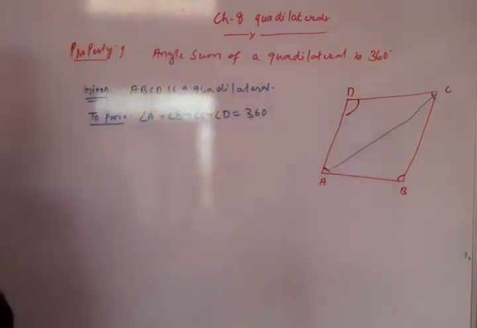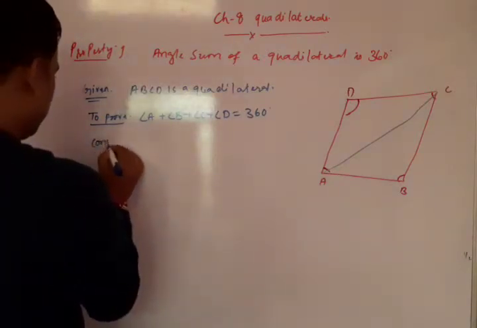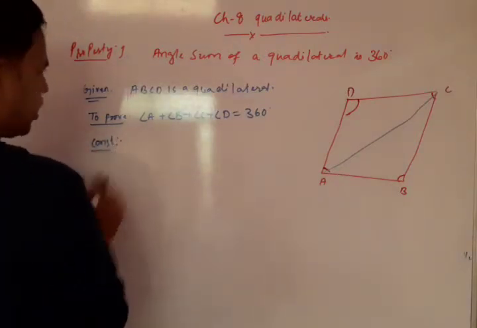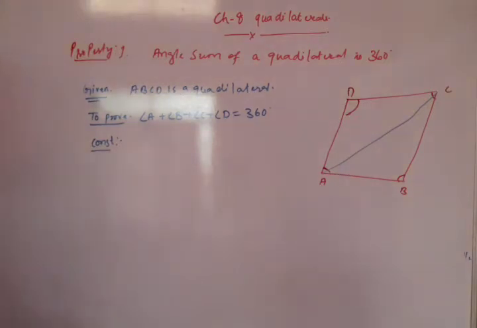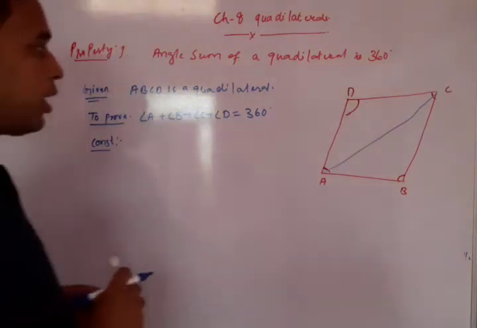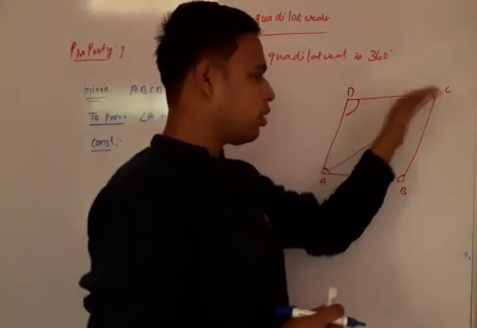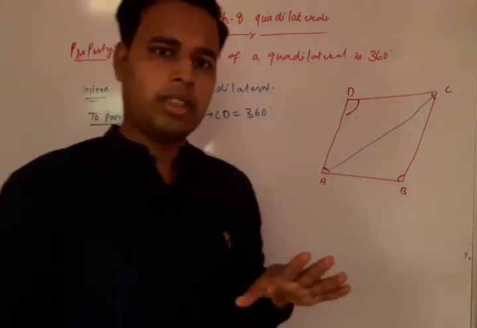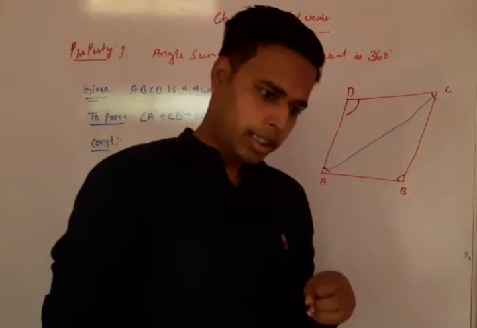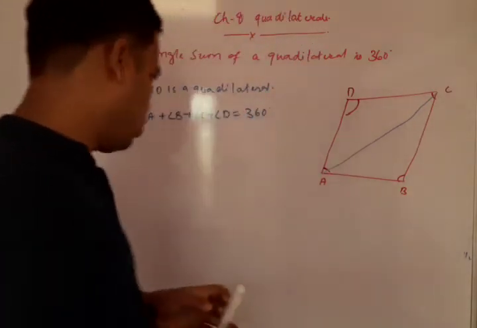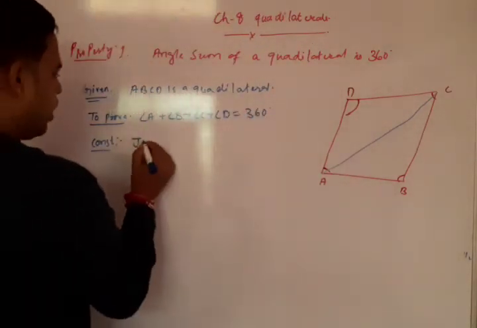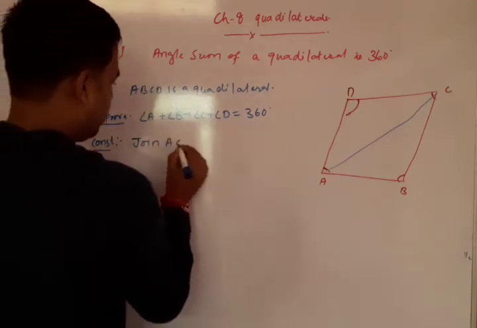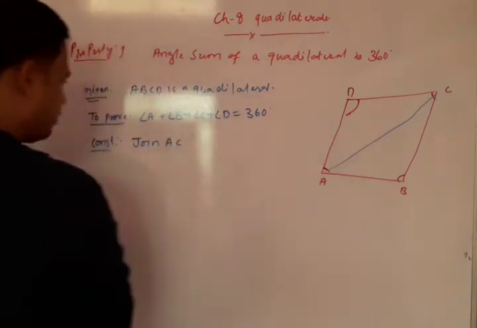Now, construction. Join either AC or BD. We can join either AC or BD; whichever we join, our resultant will be the same. So join AC.